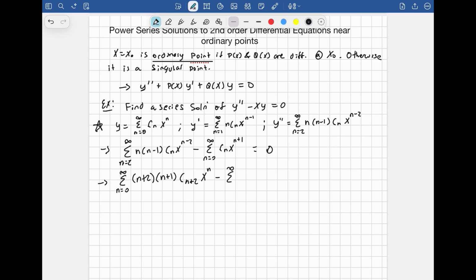Then, subtracting, we do the same thing for this summation. We decrease the power of x by 1 to make it x to the n, and then we have to add 1 in the indices. So this is going to be n equals 1, c n minus 1, x to the n, and again it's going to be equal to 0.